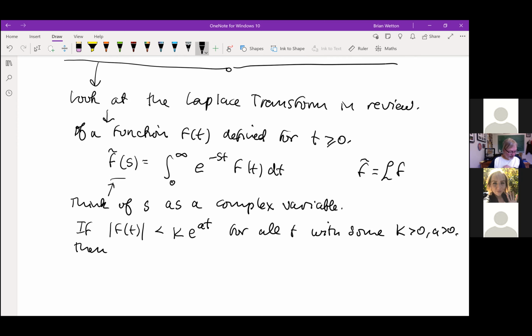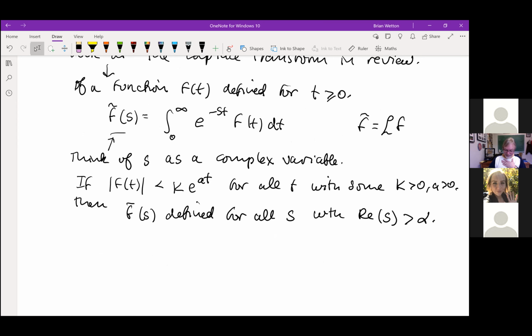Then I can define this thing. This thing is going to be defined for all complex s with the real part of s being bigger than alpha, right? Because then whatever exponential growth I have is multiplied by something that has even bigger exponential decay, and you can always integrate out to infinity something that's decaying exponentially.